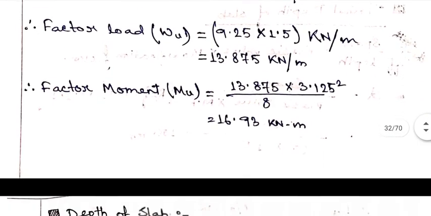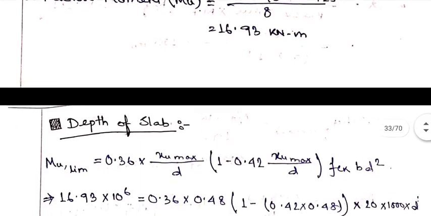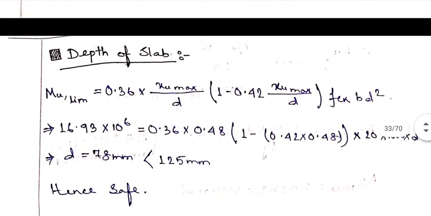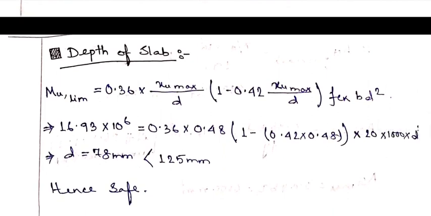So now next is the depth check of slab. To check the depth, we have to use the formula for limiting moment, which we can get from Annex G of IS 456 2000.